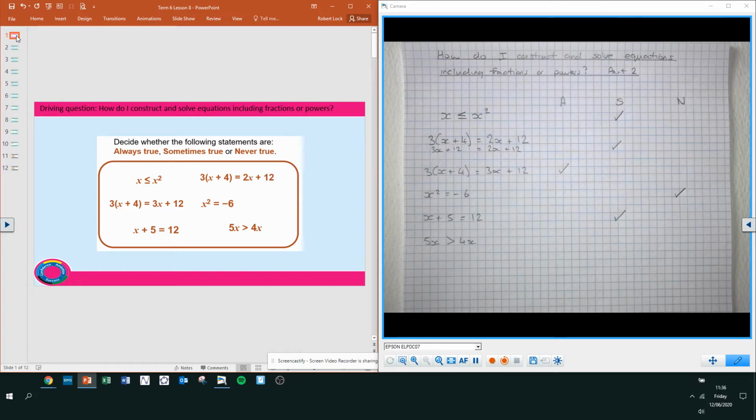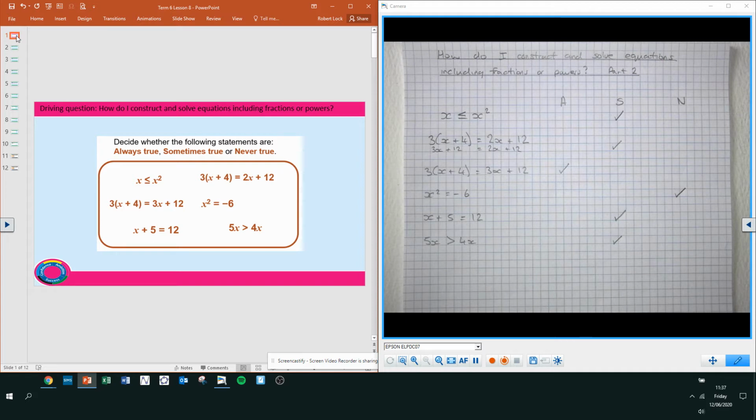And for the last one, 5x is larger than 4x. Is that always true, never true, or sometimes true? Well, it's sometimes true, and the reason is if x is minus 1 or below, then we have 5 times minus 1, which is minus 5, and 4 times minus 1 is going to be minus 4.